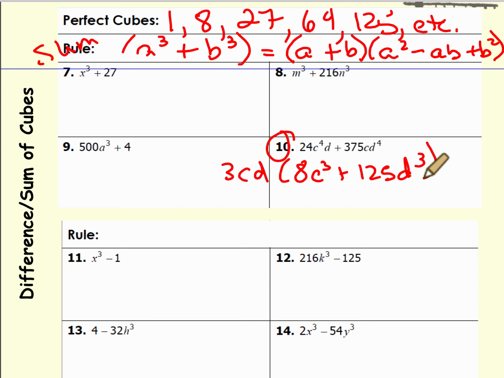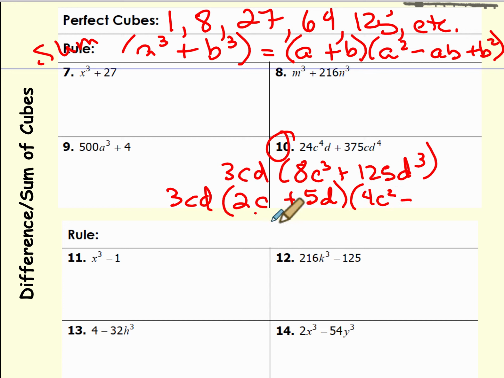And that's why it's a sum of cubes. So we have 3cd, cube root of 8 is 2, cube root of c cubed is c, plus cube root of 125, cube root of d cubed, and now it's square 2c, subtraction, multiply, and square 5d.